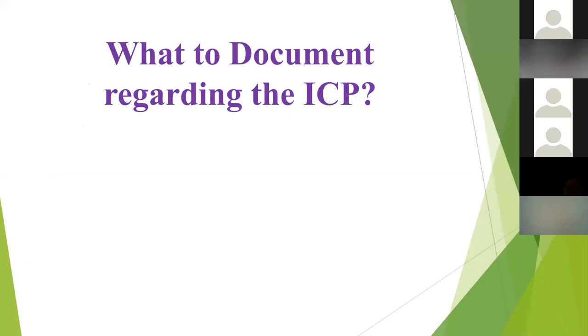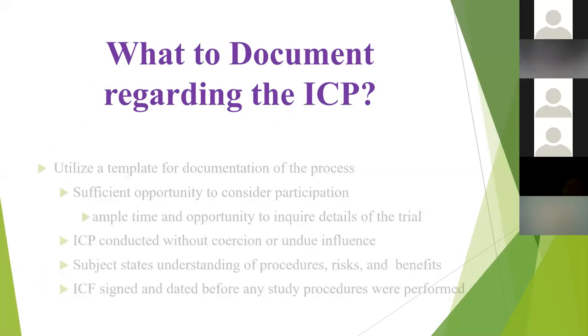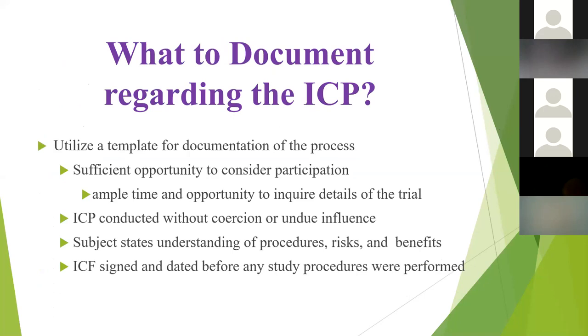So what is this business about documenting how the informed consent process went? Yes, in your research record, you have to have a paragraph. I'm going to show you a template in just a minute about how that actually occurred. But here are some items that need to be included in that statement. Was there sufficient opportunity to consider participation from the subject?